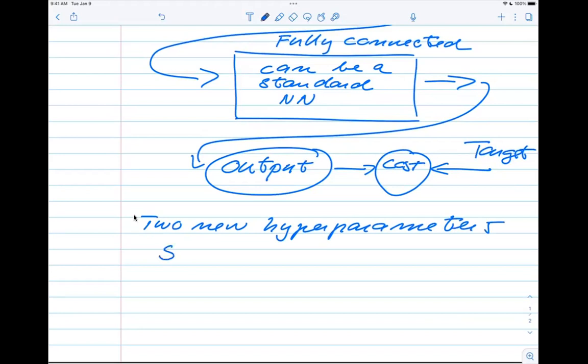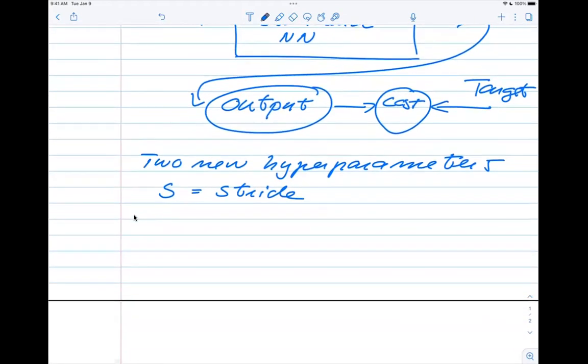One is called S, and it's called a stride. And the other one is called P, which is padding. So these are the 2 most important types of hyperparameters which we end up with.